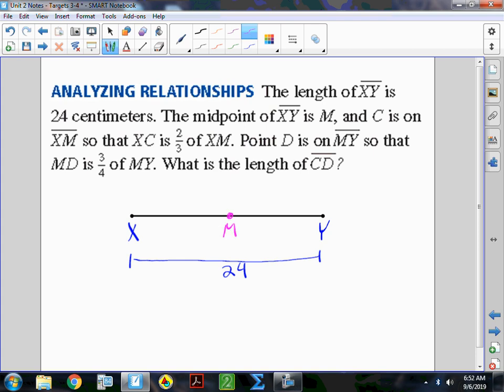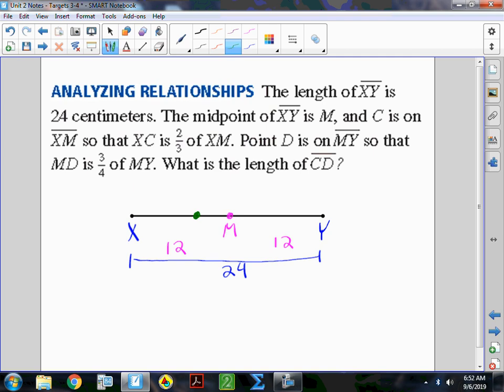And C is on XM, so that XC is 2/3 of XM. Now before we do anything else, if M is the midpoint, then XM is going to be 12, and MY is going to be 12. So 24 for the whole thing, 12 for each side. Now C is on segment XM so that XC is 2/3 of that.